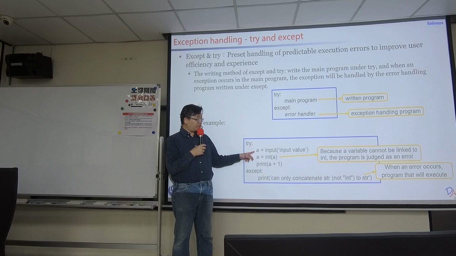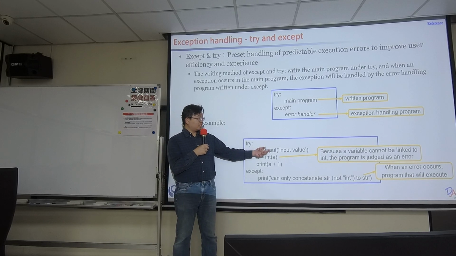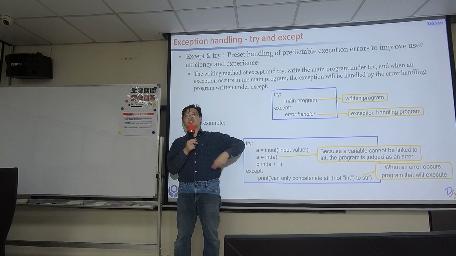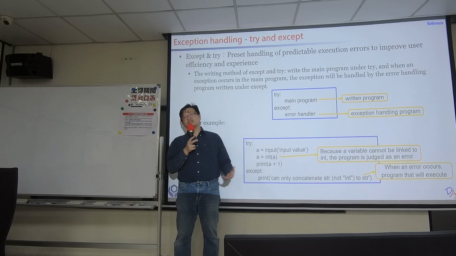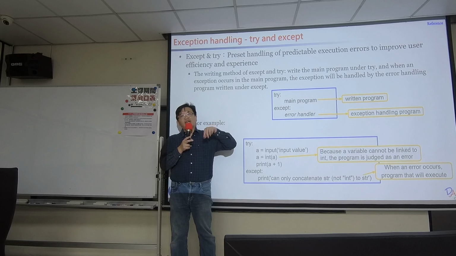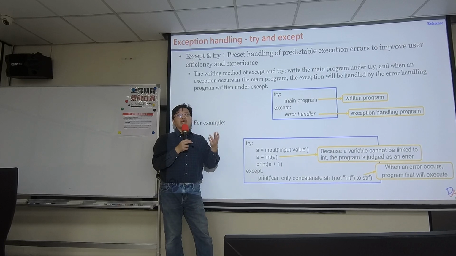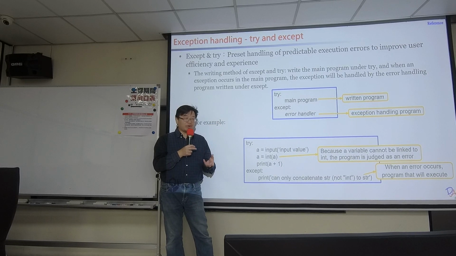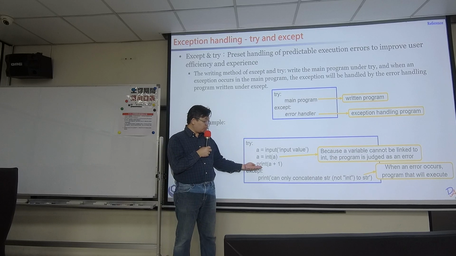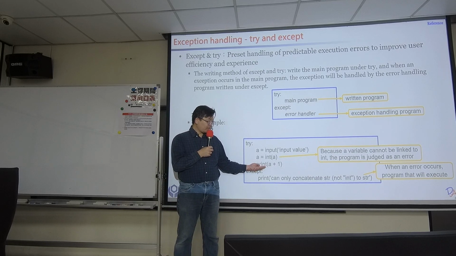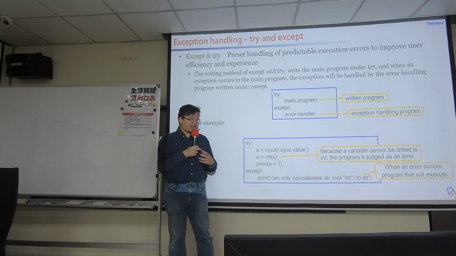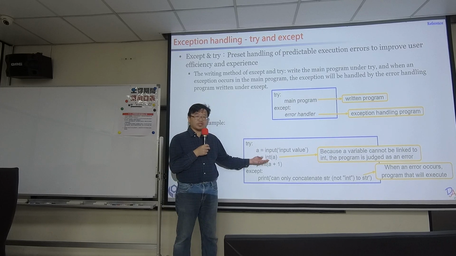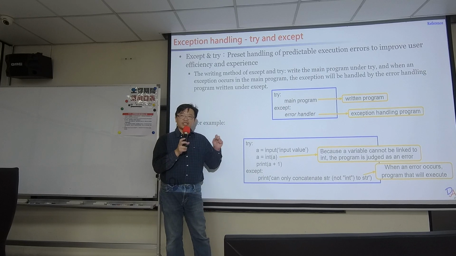However, if you didn't provide something that can be converted to integer, for example, you provide a character, for example, A or B, and that cannot be converted to a number. So right here, when you try to print, it's not something that can be done. You just cannot convert a text into a number.